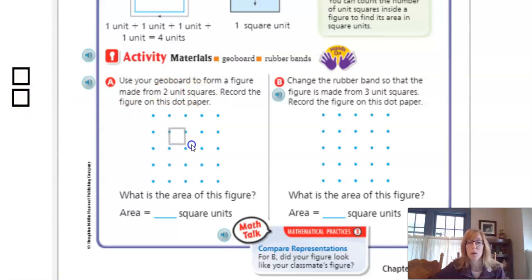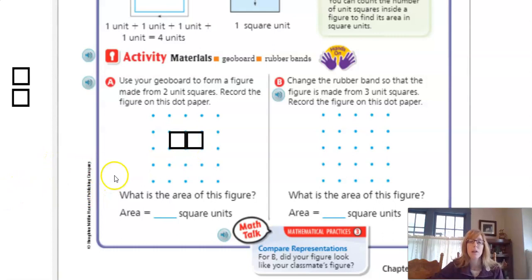This is what I want you to draw. That would be 1 square unit, and it covers 4 little pegs. Now you're going to do that twice. You're going to have 2 square units.